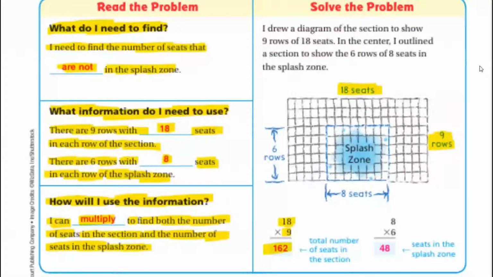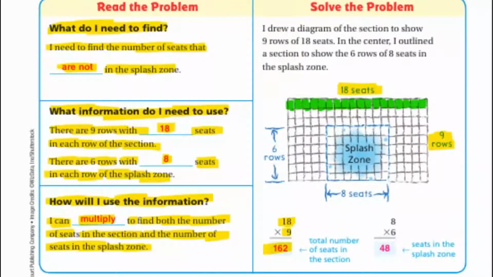First of all, let's imagine it. We have 18 seats in each row. Let's count it: 1, 2, 3, 4, 5, 6, 7, 8, 9, 10, 11, 12, 13, 14, 15, 16, 17, 18.